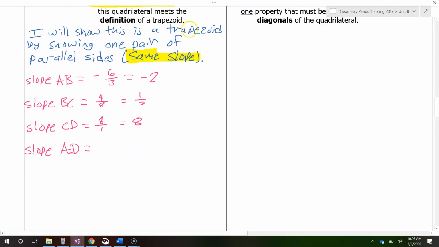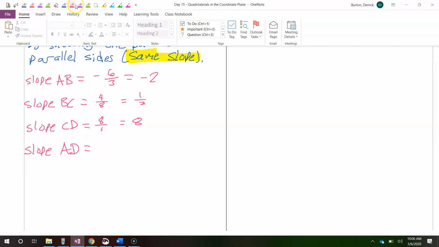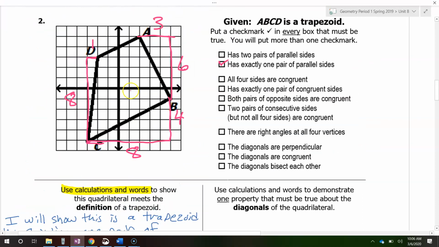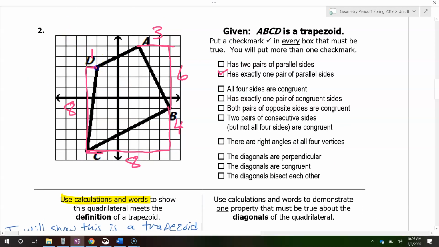And then finally AD. The rise is 2 and the run is 4. Is this positive or negative? Positive. All right, we've got a lot of positives here.